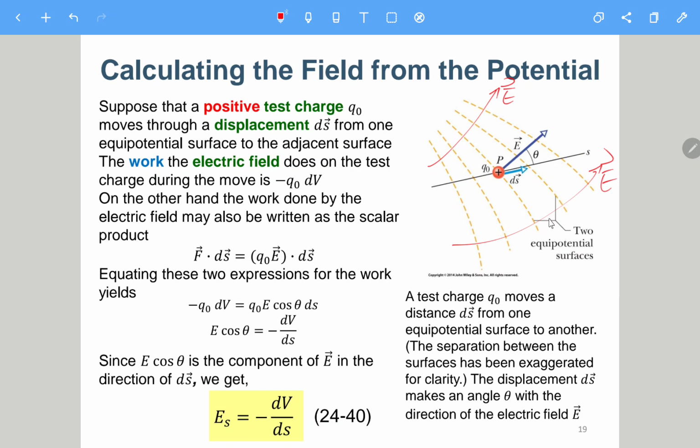Before, we had an expression for V as the negative of the integration of E dot ds from I to F. If you still remember, we just learned this in the previous lecture.